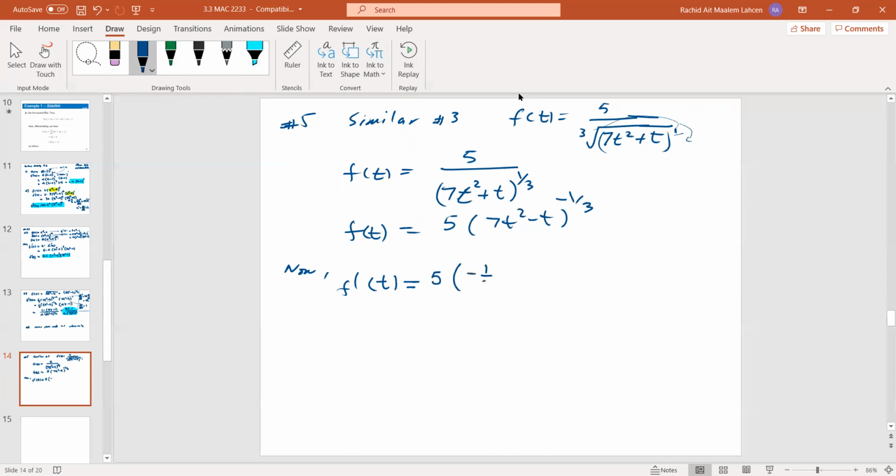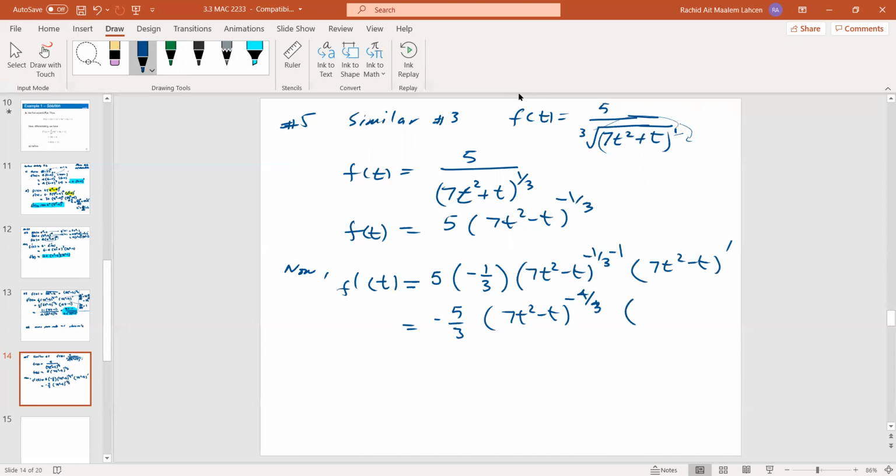We do n is negative 1/3, 7t squared minus t to the negative 1/3 minus 1. Then the derivative of this inside part. So negative 5/3, 7t squared minus t, which will give us negative 4/3. Then this is 14t minus 1.